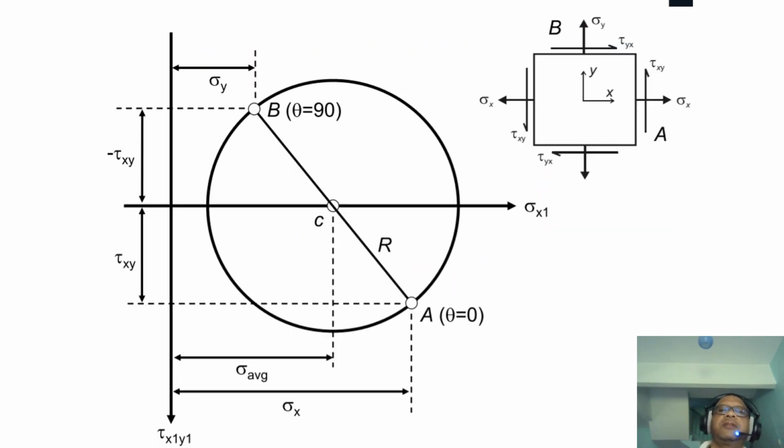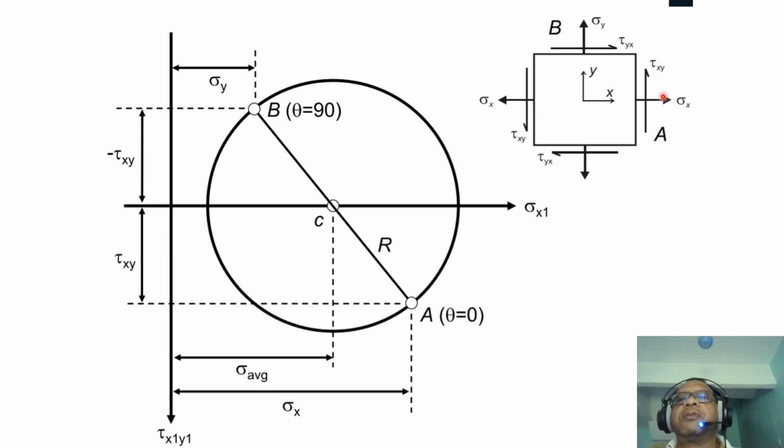So here is the surface. For example, look at surface A, point A. Surface A here, I'm looking at A here. So you have sigma x positive and tau xy, which is counterclockwise to the centroid of the element. Both are positive. So tau xy positive down here, which is given by this value.